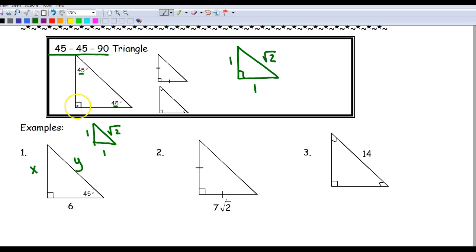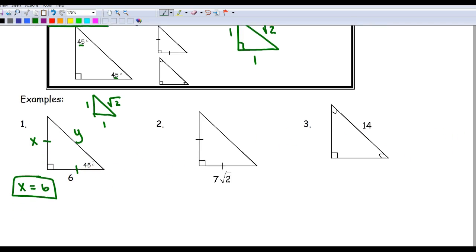In a 45, 45, 90, the two legs are always going to be congruent. So in this triangle, this leg and this leg are always going to be equal. So if this side is 6, then we know that this side is 6. So save yourself some time and don't even bother doing a proportion for X. We know that X has to be 6 because these are going to be identical.